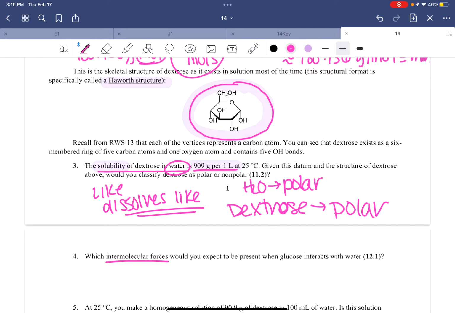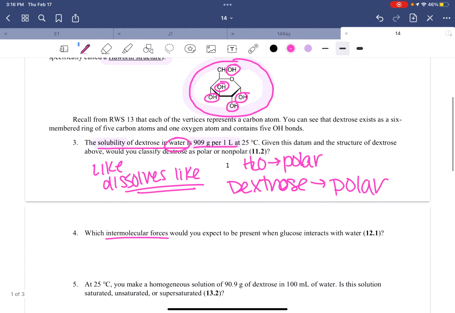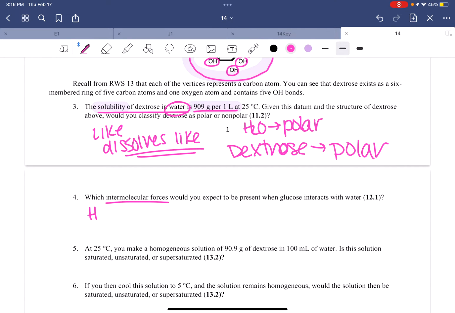So right off the bat, we can see that we have a lot of these OH groups. And when we have OH groups, we're always going to have hydrogen bonding. Because that's always going to be present when a hydrogen is connected to a really, really electronegative atom like oxygen or nitrogen. So we can write hydrogen bonding here.